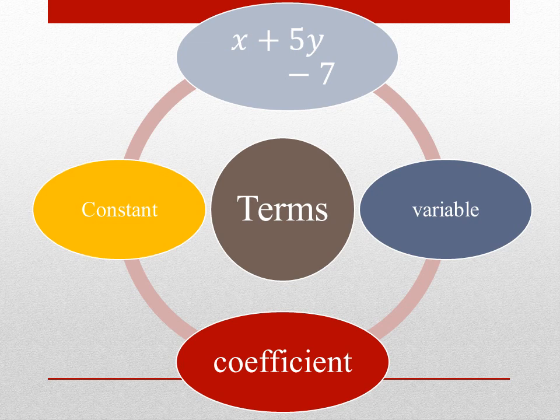Terms are connected with variable, constant, and coefficient. For example, x plus 5y minus 7 is an algebraic expression consisting of terms, and terms consist of variable, constant, and coefficient.